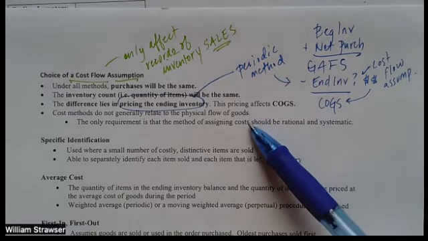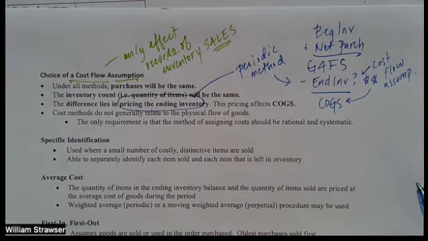When we're selecting a cost flow assumption, it does not have to relate to the physical flow of goods. What that means, I always use the grocery store in this example, because the physical flow of goods in the grocery store is the oldest stuff, right? The stuff that is going to go bad first is sold first. They stock the shelves, right?